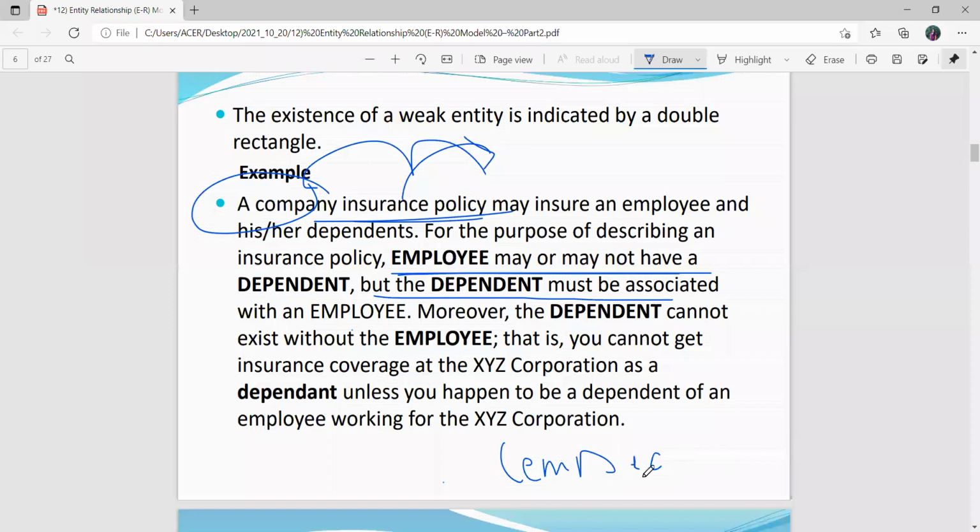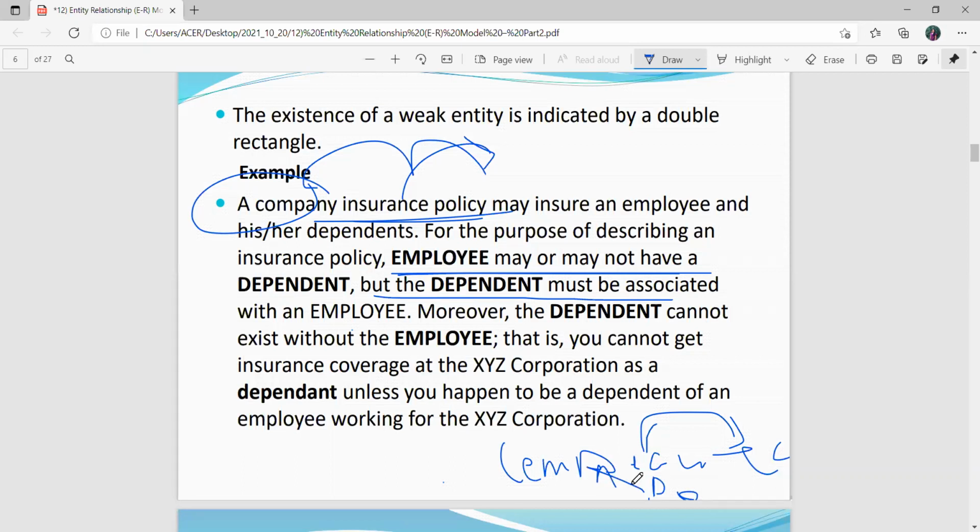When we consider the employee, he or she can have a dependent or cannot have a dependent. That depends on the employee. That means an employee may or may not have a dependent, but a dependent must be associated with an employee.